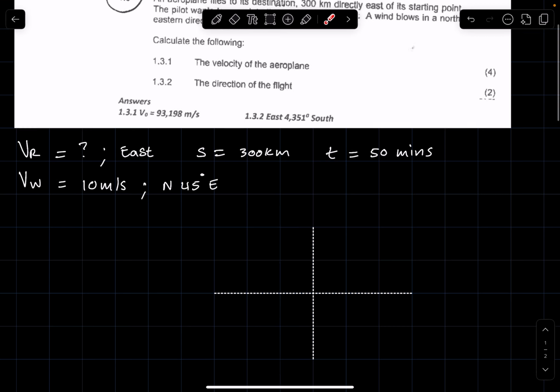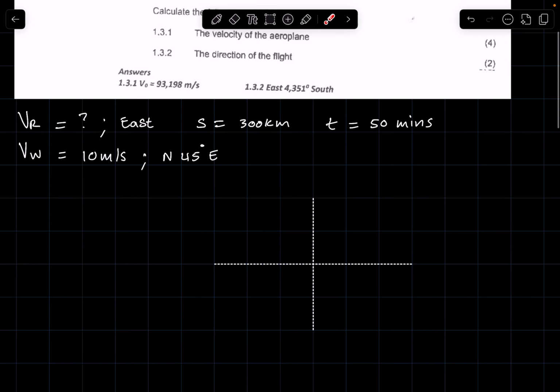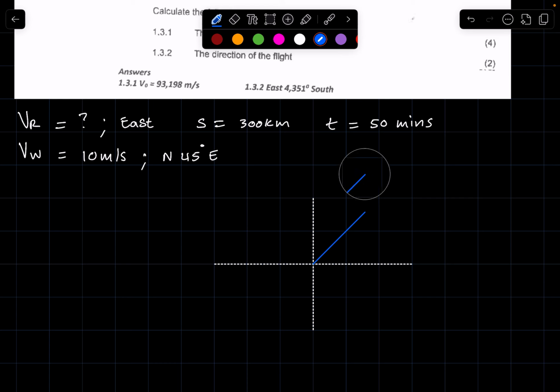So for instance here, I'm going to start drawing VW first. So VW is northeast. Northeast is in the first quadrant, so it is going to be somewhere here, going in that direction.